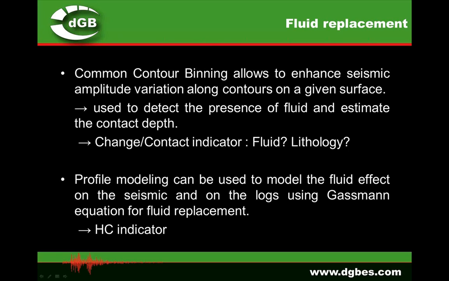That will allow you to detect changes, but it doesn't give you the information whether it's because of fluid or because of lithology. In the profile modeling, with the fluid replacement we say what we have and see the impact, so we can actually know and use that as an indicator.